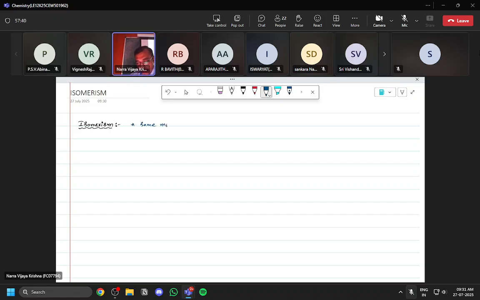Same molecular formula, but differ in their structure or three-dimensional arrangement, in the arrangement of ligands, either three-dimensionally or through bonding.